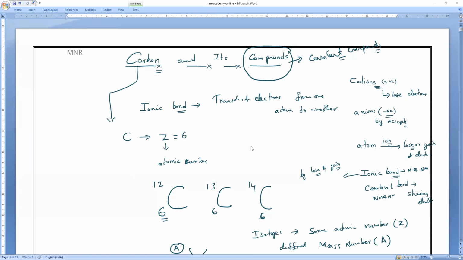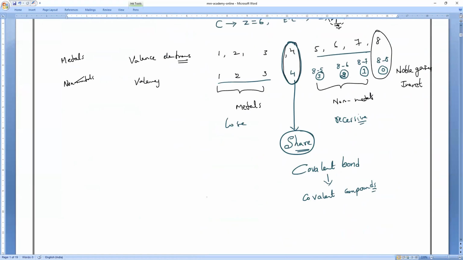Understand, everybody? And one more thing, ionic compounds have another name. Electrovalent compounds. So ionic compounds we can also call electrovalent compounds.